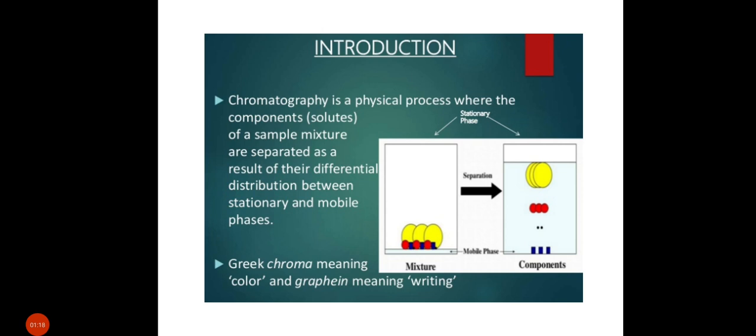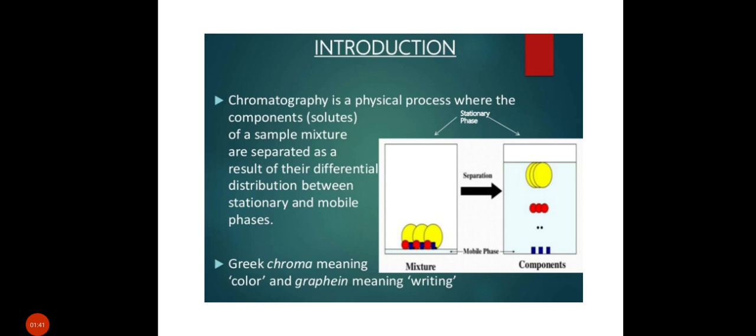The various constituents of the mixture travel at different speeds, causing them to separate. The separation is based on differential partitioning between the mobile and stationary phases. So this is chromatography.